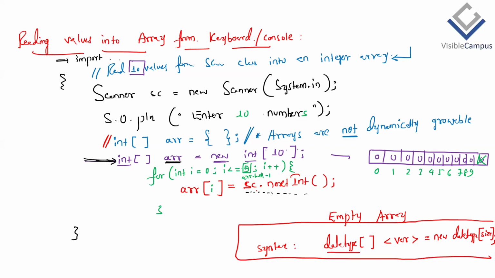Here the data type is int, the variable name is arr, new is a keyword as it is, then the same data type, int once again, then in square brackets we give a size of 10. That is the process to declare empty arrays so that we can add elements into it.